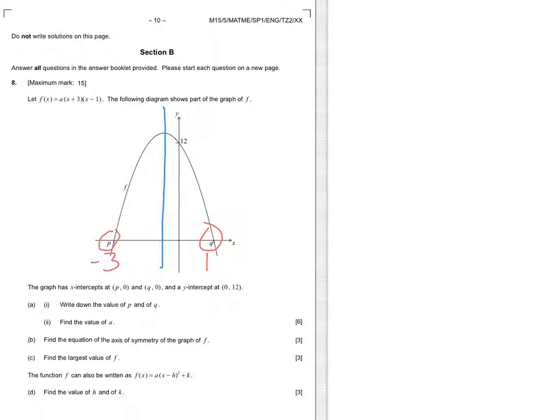The easiest is to take the average of minus 3 and 1, add them together, divide by 2, and you get negative 1. So that's this value here. Make sure you do what the question says and find the equation. The equation here is x equals negative 1.